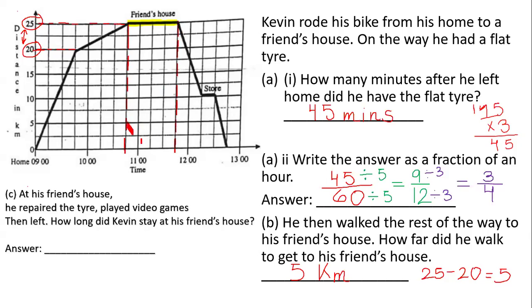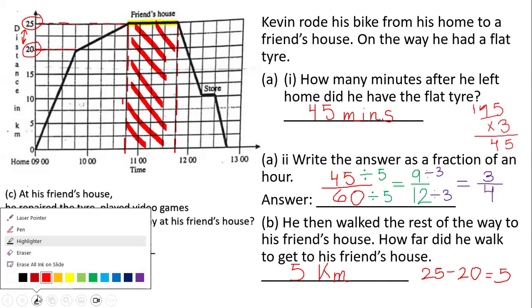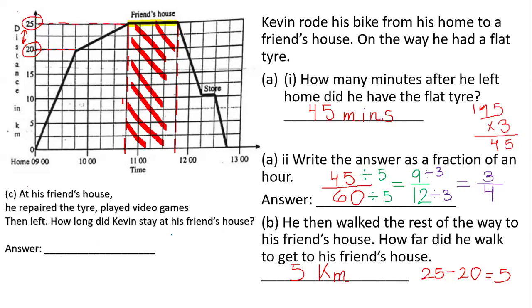And so that means that this is the time in which he stayed at his friend's house. And so if you look carefully, what we're going to do in order to get our answer is we simply subtract. We're going to say hours and minutes.